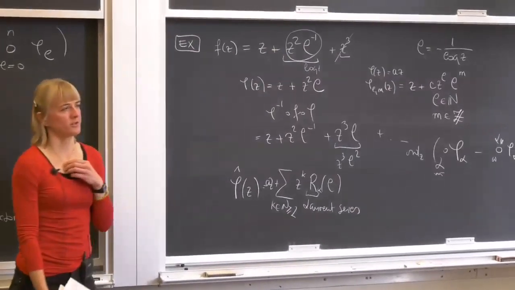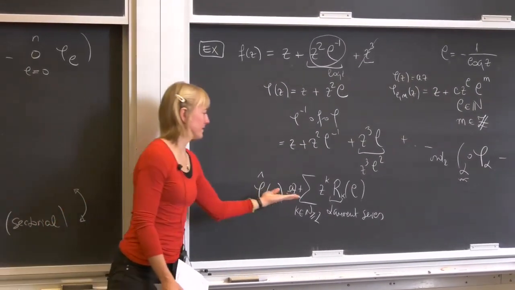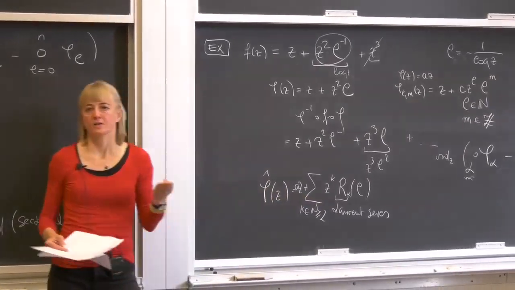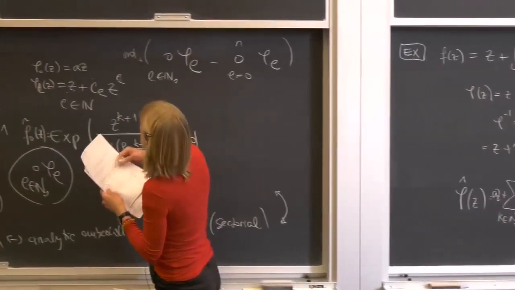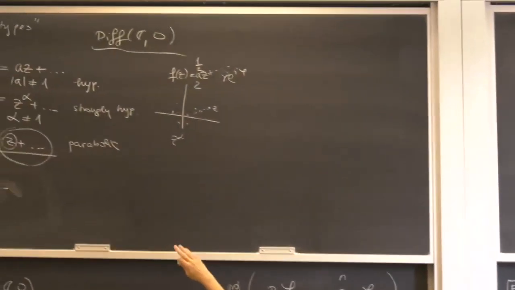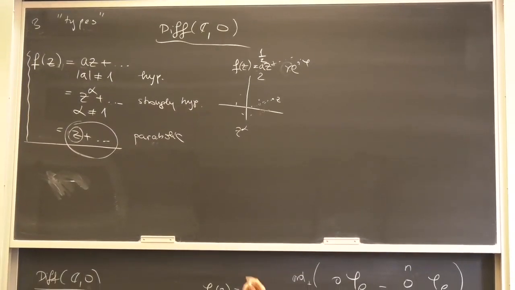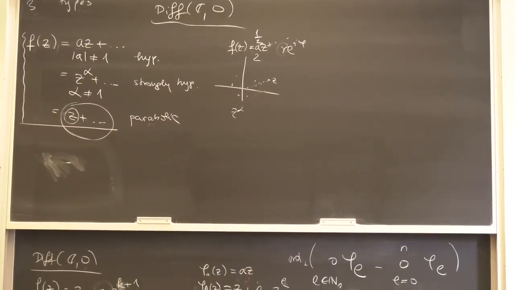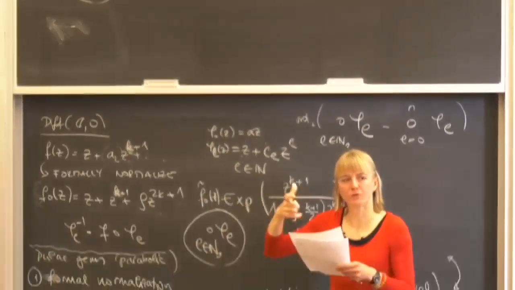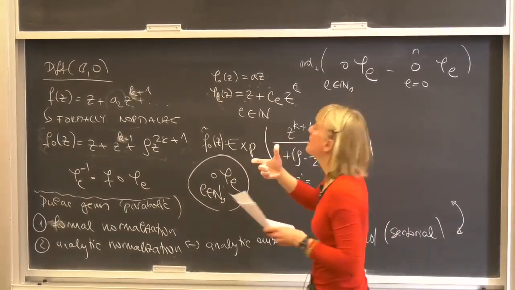So the approach is the following usually. Somehow we are always led by dynamics. In the case of diffeomorphisms, like here, if we want to make a normalization or embedding in a vector field, usually the domain where we can embed corresponds in a way to the dynamics that this germ displays.